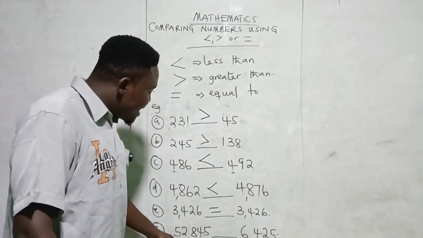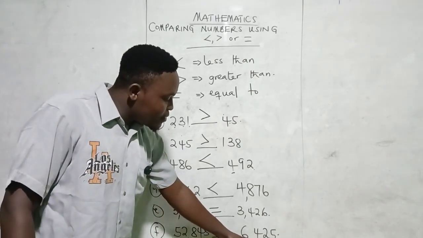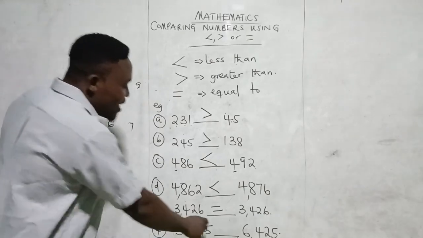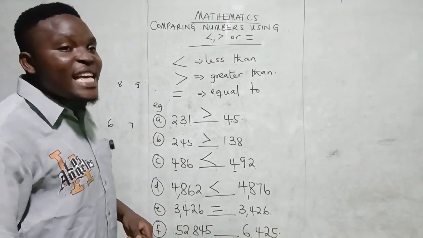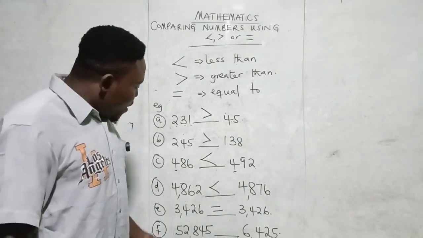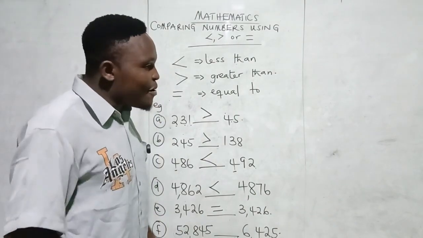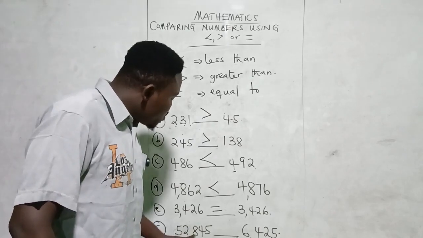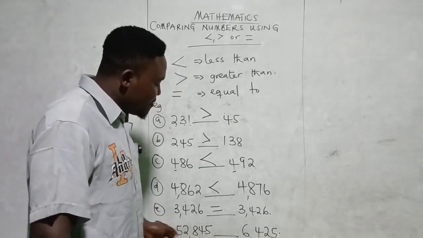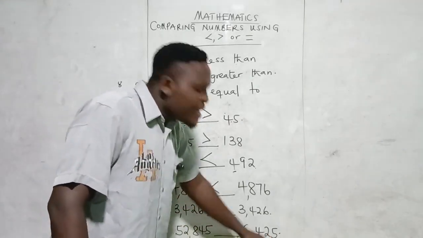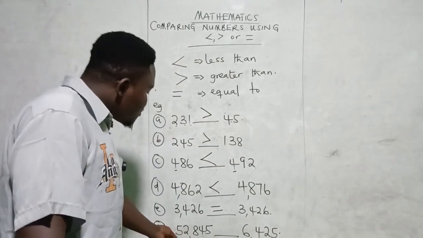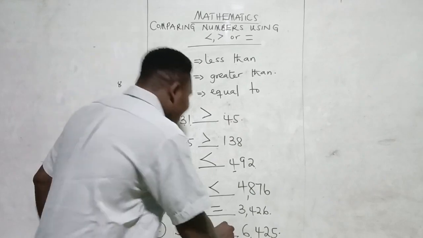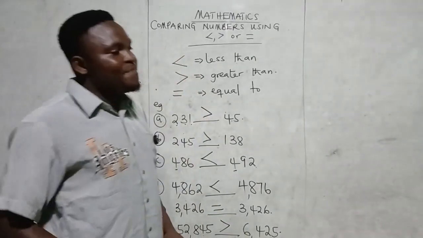So the first number here is 5. The first number here is 6. The person will say that the sign that is supposed to be used is less than, which is wrong. We have to always count the number of digits. You have to go step by step. So 1, 2, 3, 4, 5 digits on our left, 1, 2, 3, 4 digits on our right. So automatically our longer number becomes the bigger number, which is rather supposed to be greater than.